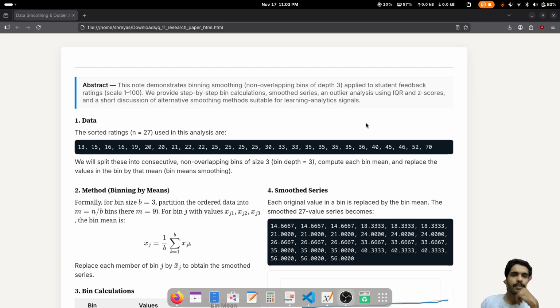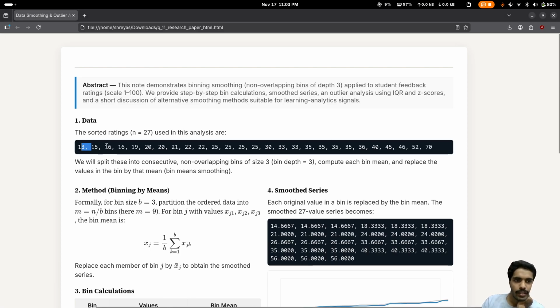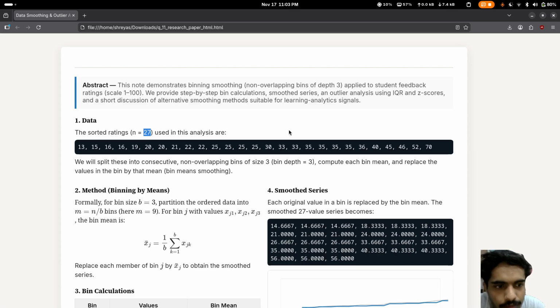This is the old data set which we used in question number 2. It consists of 27 different data points of student feedback ranging from 1 to 100. What is binning? Binning is like taking some kind of groups, applying some operations on those groups inside this data set, and you eventually get some smoothed values.